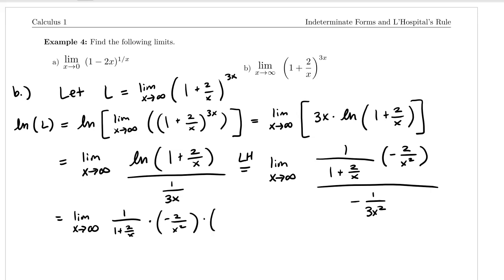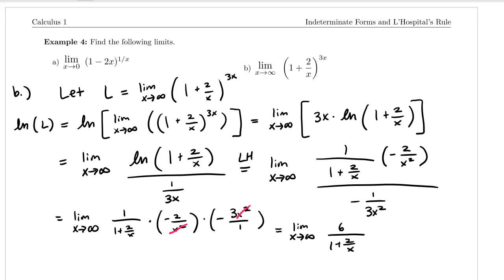So that would be negative 3x squared over 1, and what's going to happen is this x squared and this x squared will divide out, and we get that that's equal to the limit as x approaches infinity of negative 2 times negative 3, which is positive 6, and then my denominator, it looks like it's staying the same.